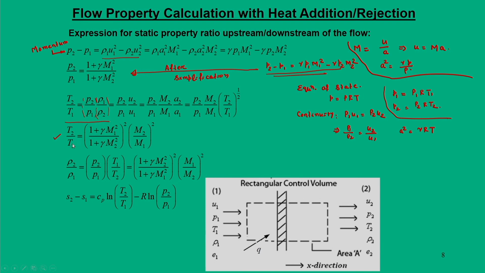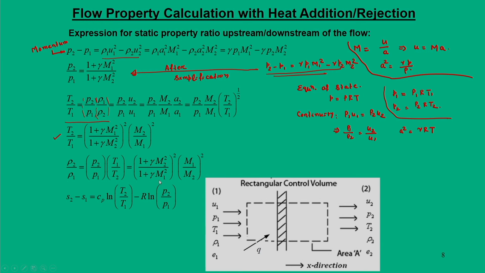So, once we know the temperature ratio, we can also find the density ratio. The density ratio is rho 2 by rho 1, again using the equation of state we can write P2 by P1 into T1 by T2. Prior to this we all know the expressions of these values.